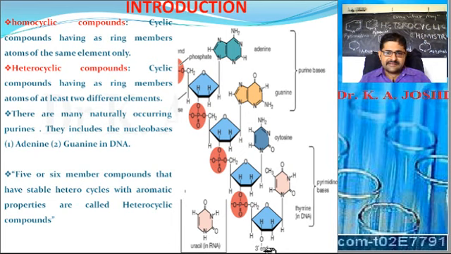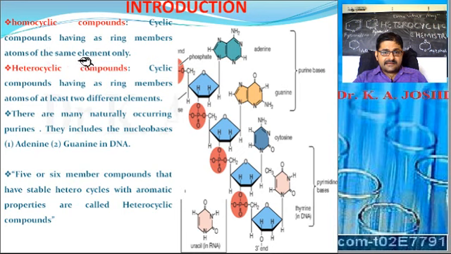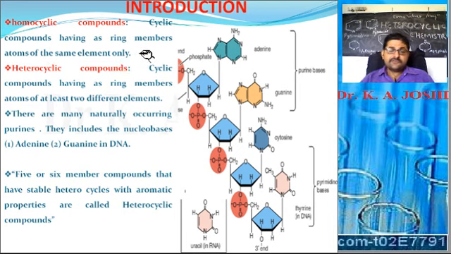A homocyclic compound is nothing but a cyclic compound having as ring members atoms of the same element only. For example, benzene. You know the structure of benzene very well. All the atoms are the same, carbon. So benzene is a homocyclic compound.